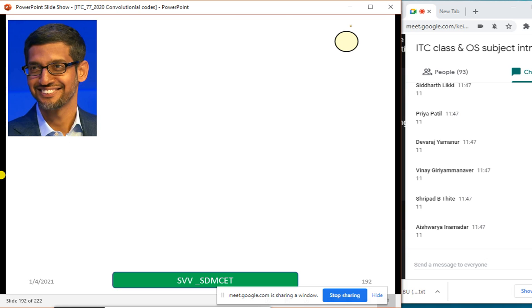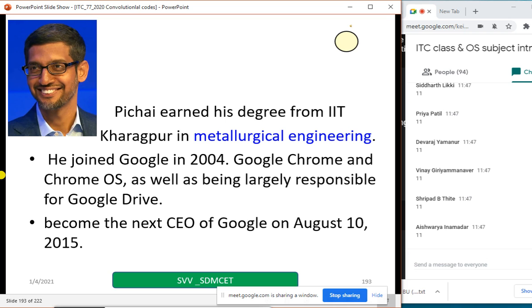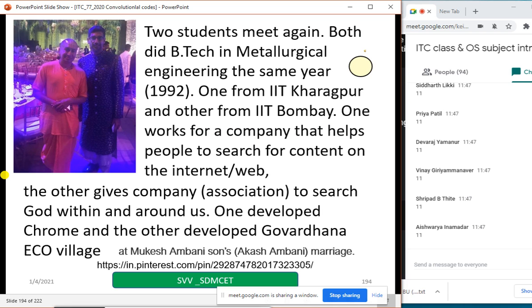He has done BTech from IIT, and this person also has done BTech from IIT, but he is working in Google. All of you know him well, and the similarities between these two people: both are BTech in metallurgical engineering.